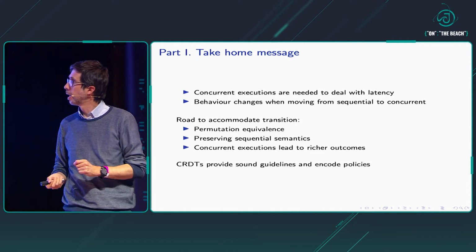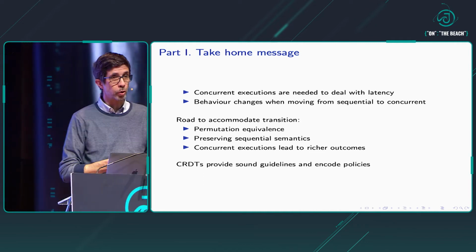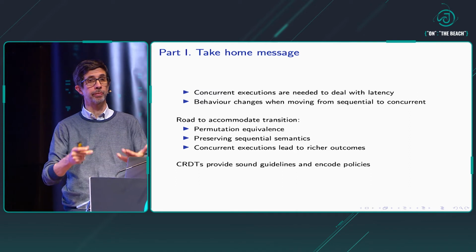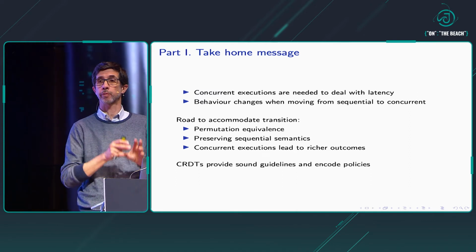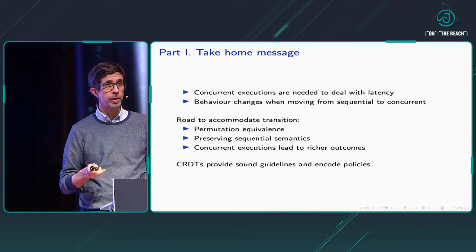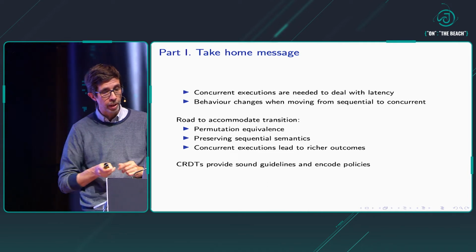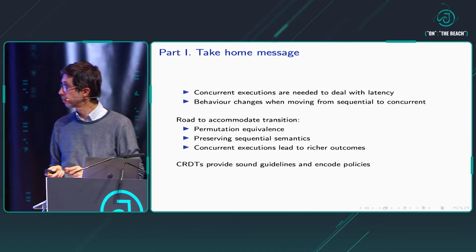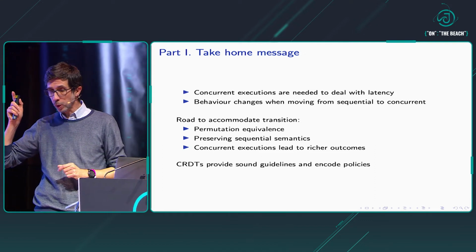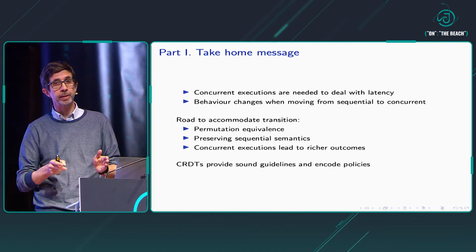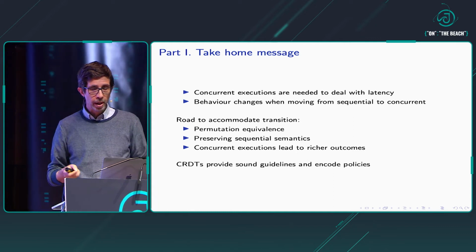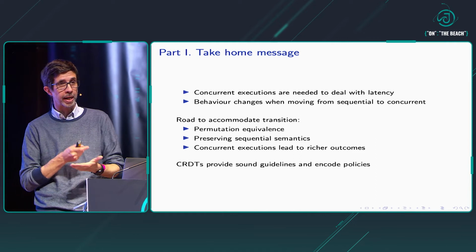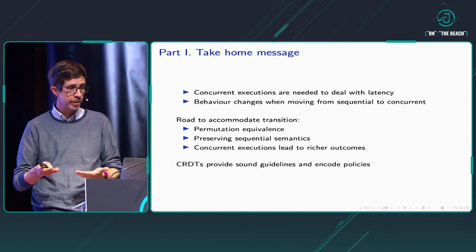You need to accept concurrent executions if you want to be fast. And if you have geo distribution, you have limits on how fast you can go with strong consistency. So you might have to consider using weak consistency. And once you are trying to design these data types, or trying to use them because they were designed by specialists, you might expect them to behave correctly under sequential execution.